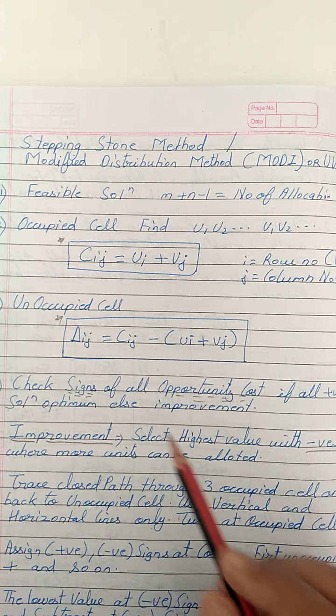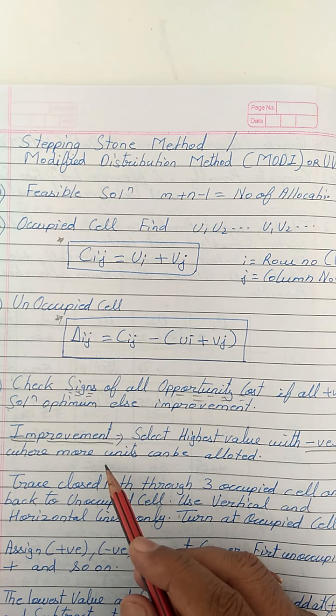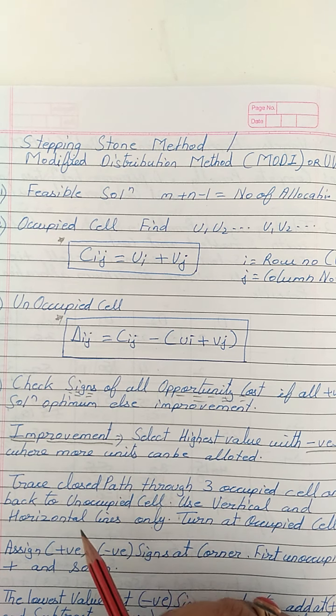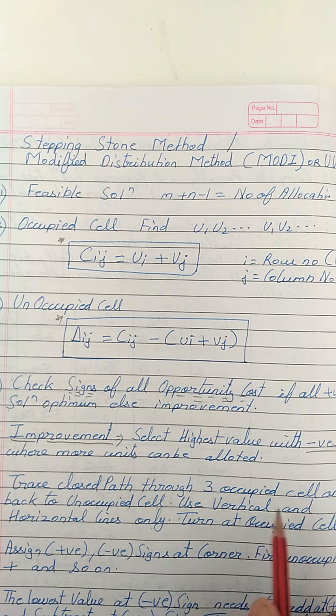Now which cell to shift from, we need to decide by going on for the improvements. For improvements, we need to trace a closed path where we start from that highest opportunity cost cell and cover the occupied cells, drawing only horizontal and vertical lines, turning at the occupied cells and coming back to the unoccupied cell with the highest opportunity cost.